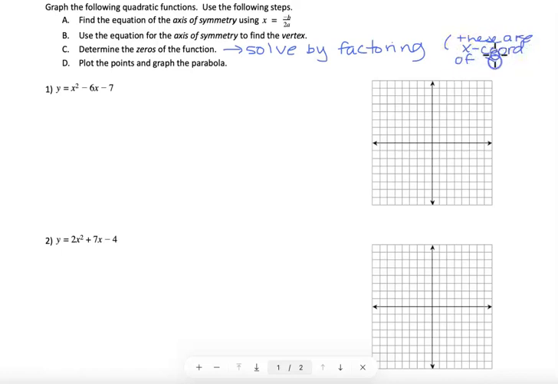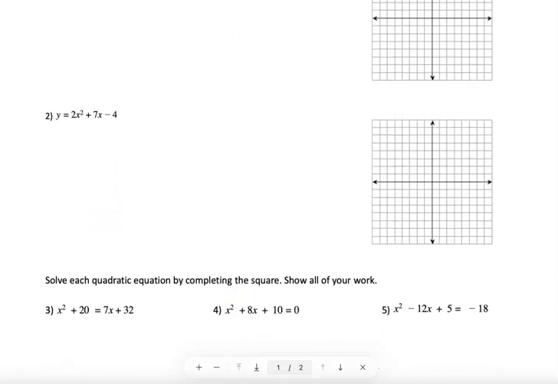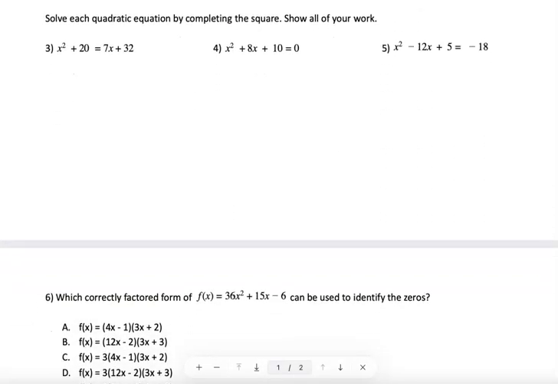We talked about that last time. Again, zeros, roots, solutions, x-coordinates of the x-intercepts, all of those are the same, and we find them by solving. So both of these that you're given today are able to be solved by factoring. So you've got just two of those to practice.